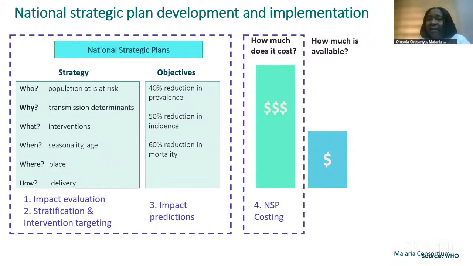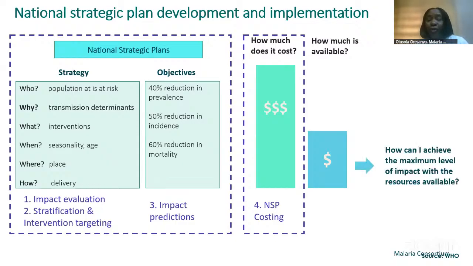And then we ask ourselves another question: how much do we have available? And how much can we afford? And so based on how much we can afford, we ask ourselves, how much can I achieve? What is the maximum level of impact that I can achieve with this available resource?